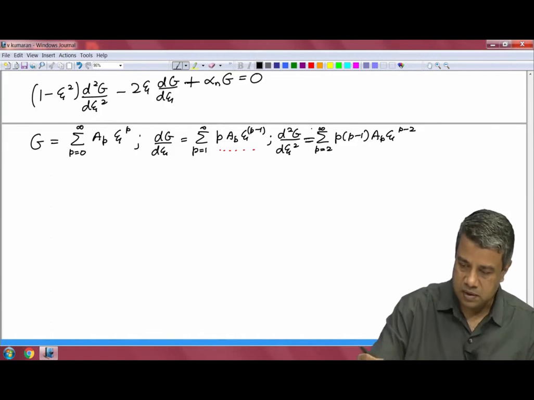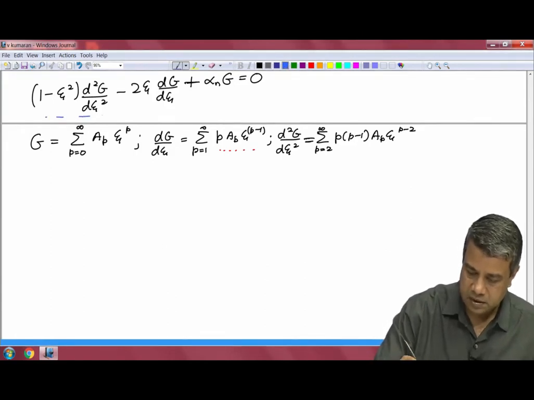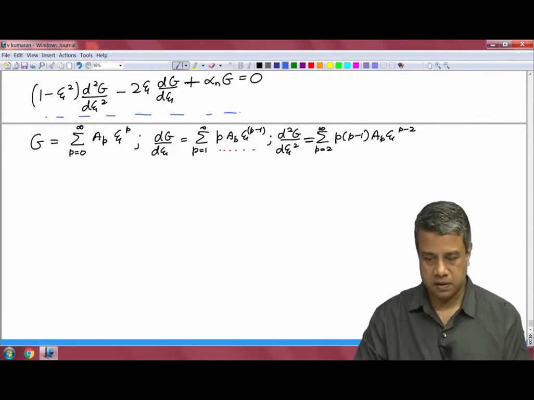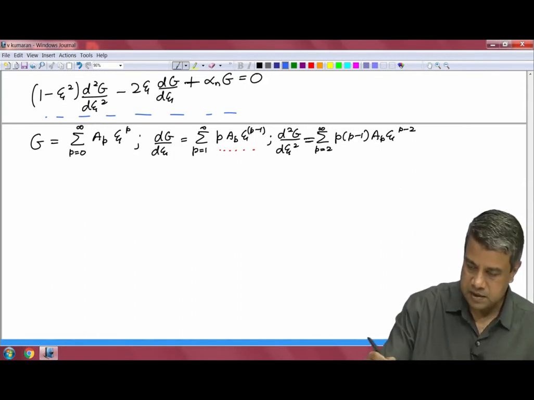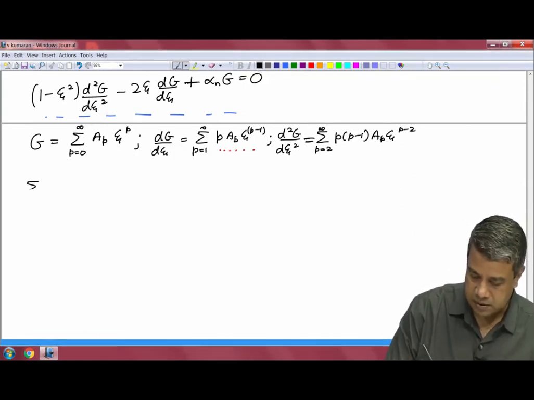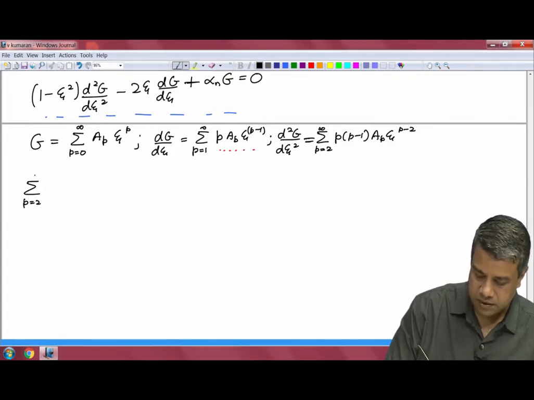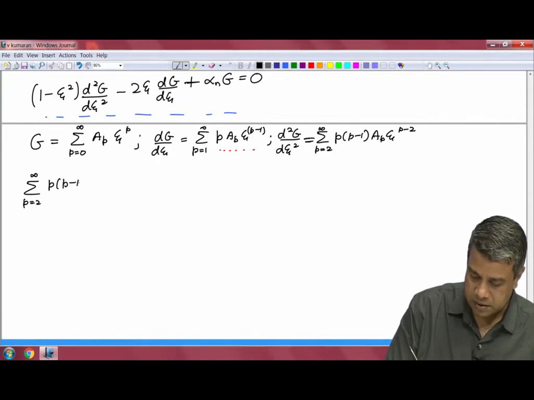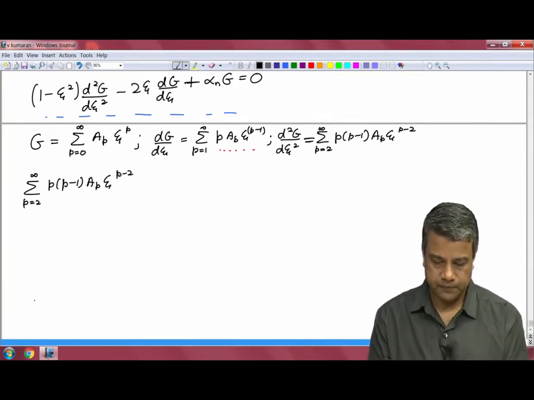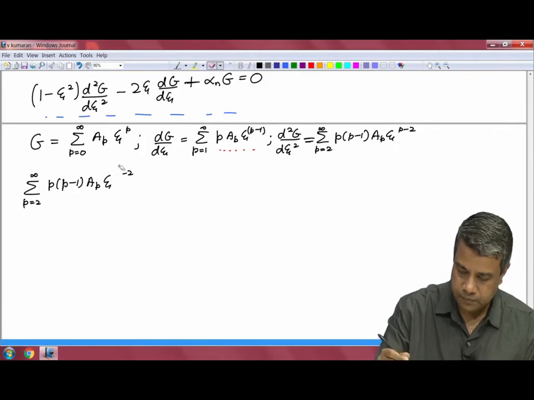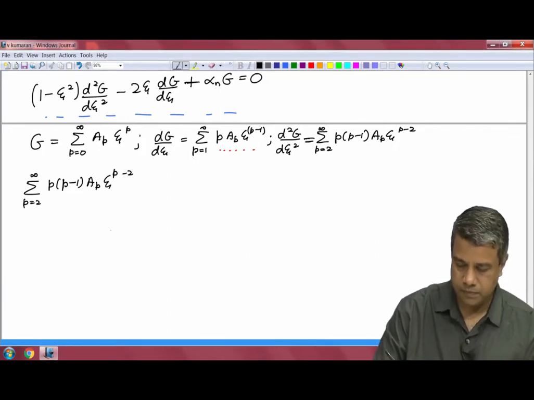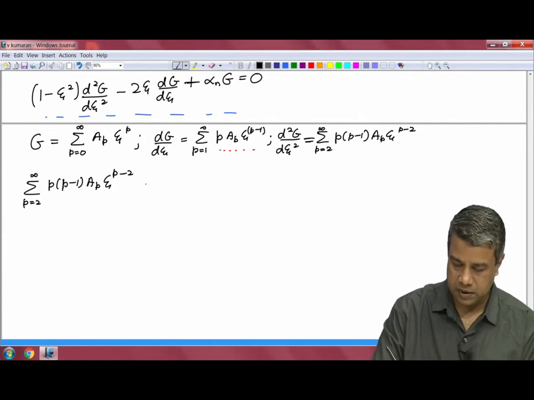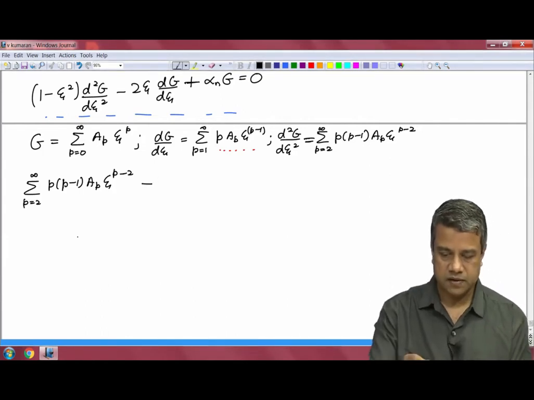Substitute that into this equation. The first term is the second derivative. So, this is just equal to sigma p is equal to 2 to infinity of p into p minus 1 a p psi power p minus 2. Minus, I have psi square times this.